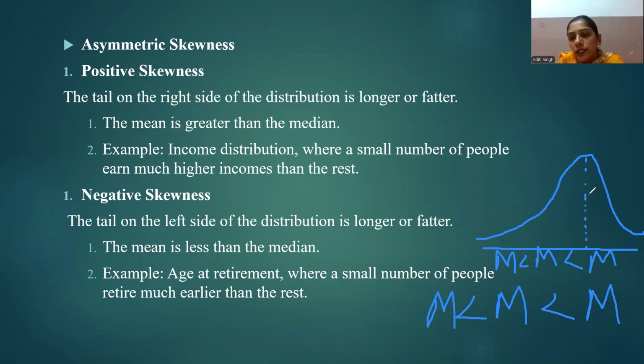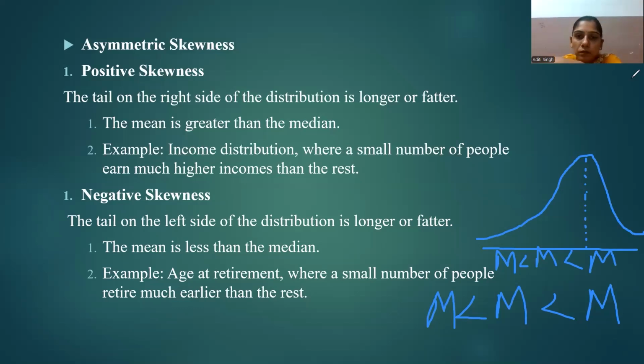Let's understand it with the help of an example. Take age at retirement: most people retire at the standard age, but a few retirements occur significantly earlier, which creates a long left tail.